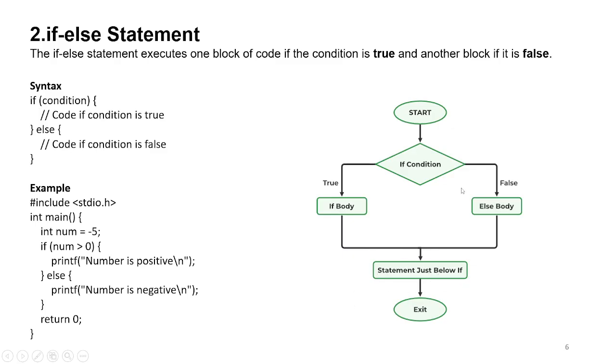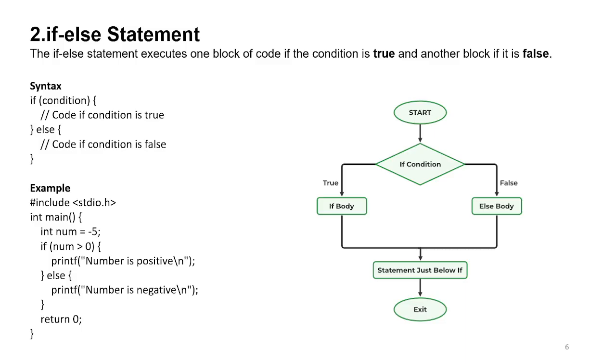And if the condition is not satisfied, meaning it's returning false, then execute the else body, the code inside the else. It can be printing some statement, or other things also. After doing that, exit the program. So that's a simple thing.